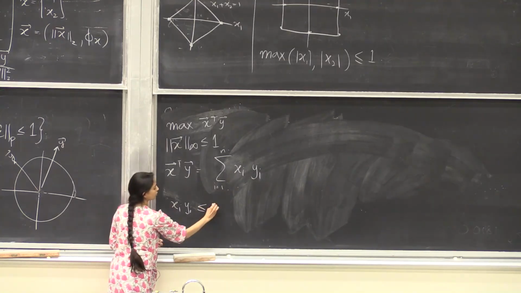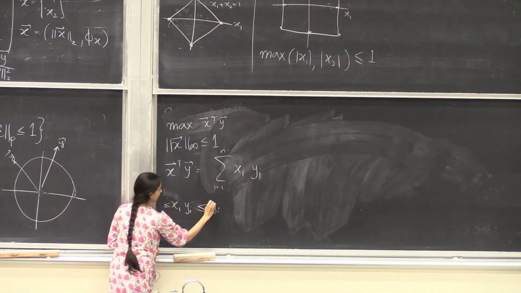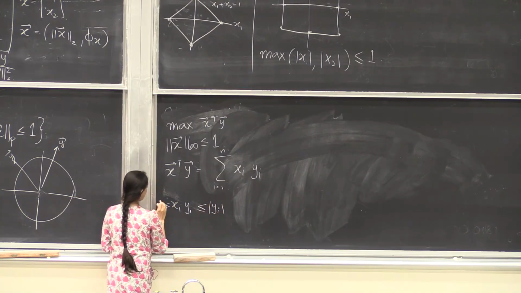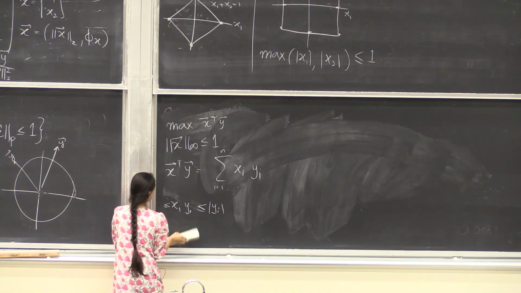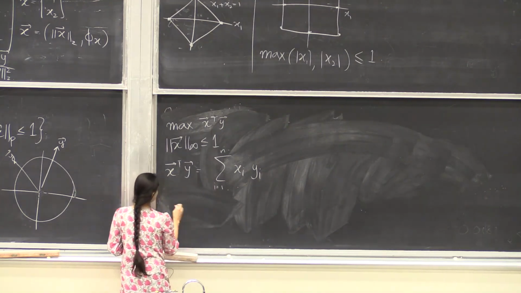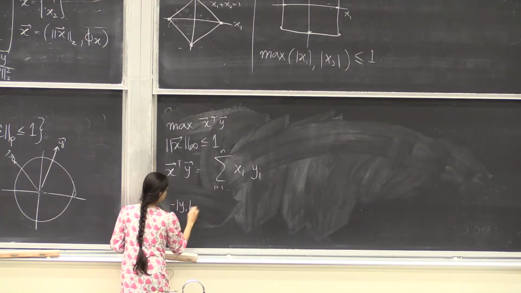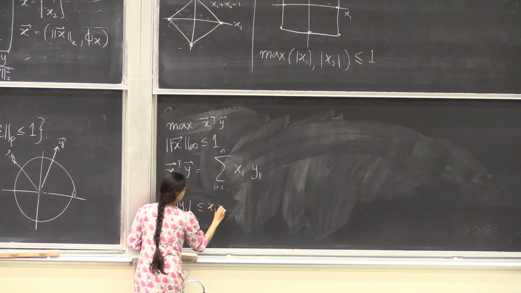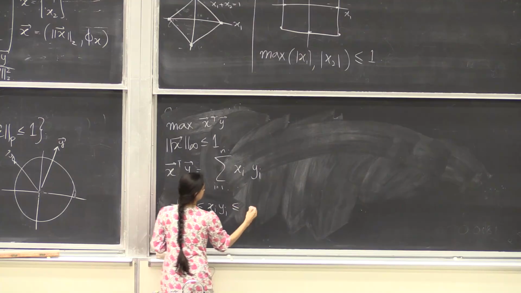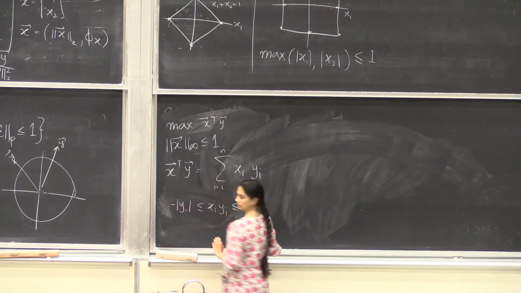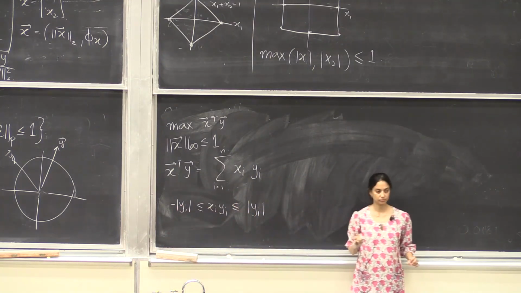This is always going to be less than or equal to the absolute value of yi, and greater than or equal to minus the absolute value of yi, right?